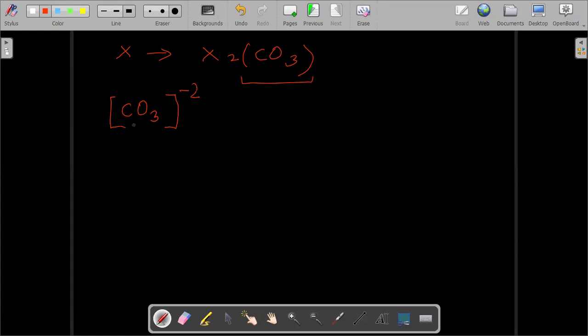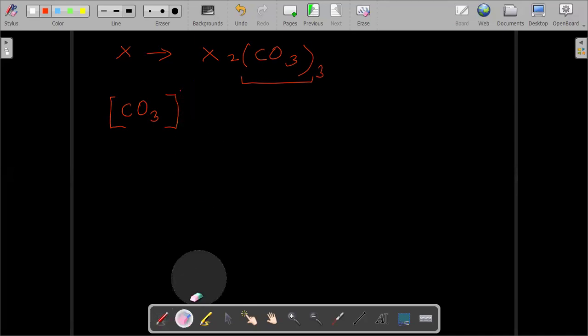For CO3, there is another 3 written outside, as a subscript, right? Yes, sir. Okay, no issues. So we know here that the valency of the carbonate ion is -2. Got it? So we write it here like this.